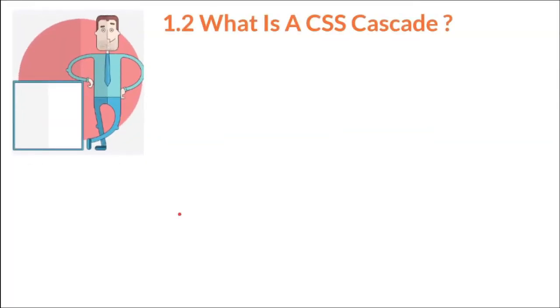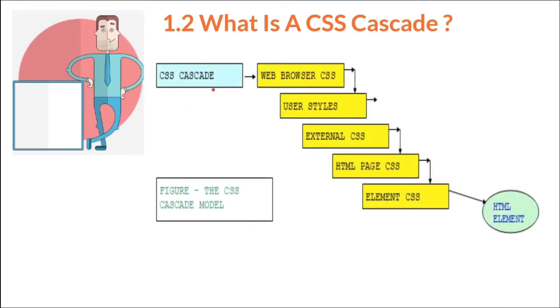What is a CSS Cascade? As mentioned earlier, CSS Cascade is a waterfall concept. We start off with the web browser's default styles, and then we go down the waterfall to the user-defined styles in the web browser, and then to the external CSS file that we use to define our CSS rules.